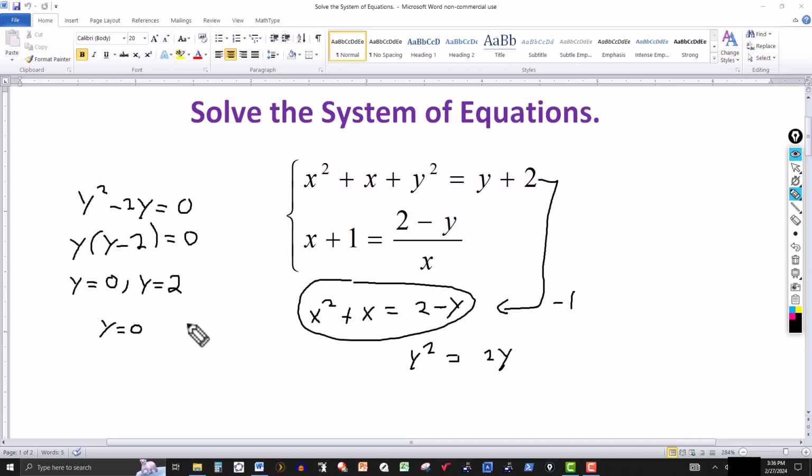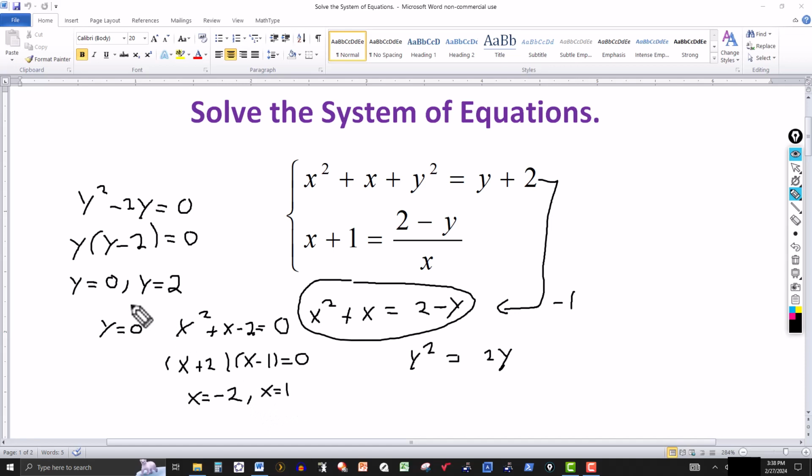Take the 2 over, and I get x squared plus x minus 2 equal to 0. Another quadratic, so this can be factored into x plus 2 and x minus 1. So one of them is 0: x plus 2 can be 0 when x is negative 2, and x minus 1 can be 0 when x is equal to 1.